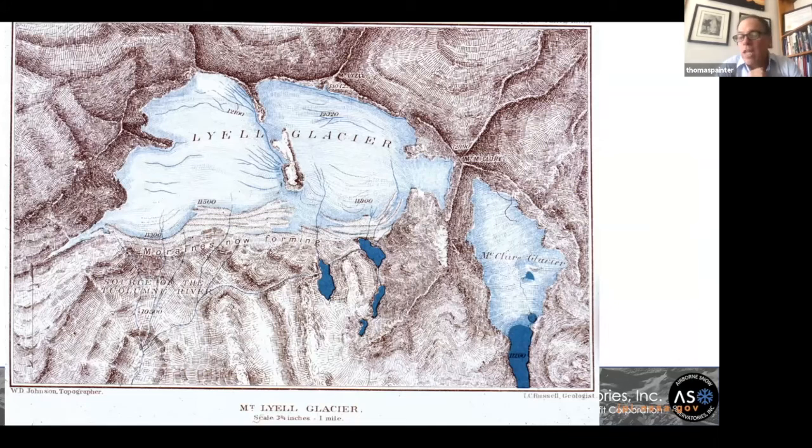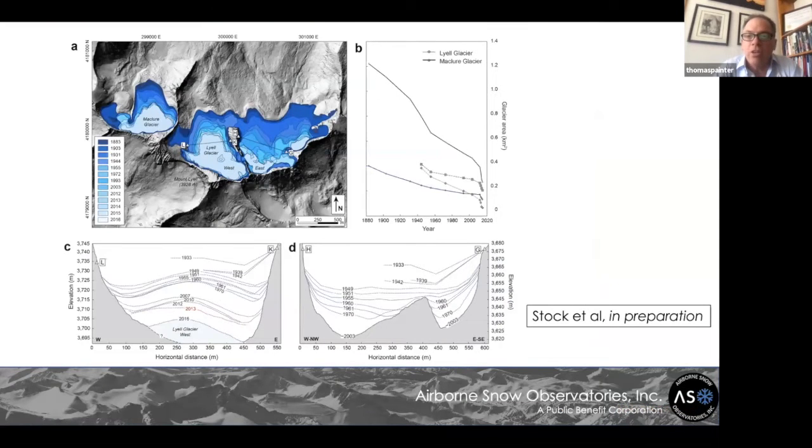We also are working with glaciologists, and in particular, Greg Stock, who's the park geologist for Yosemite. This is showing the Lyell Glacier from Israel Russell's work back in the late 1800s. We've been using the LiDAR data to map the topography of the bare ice.